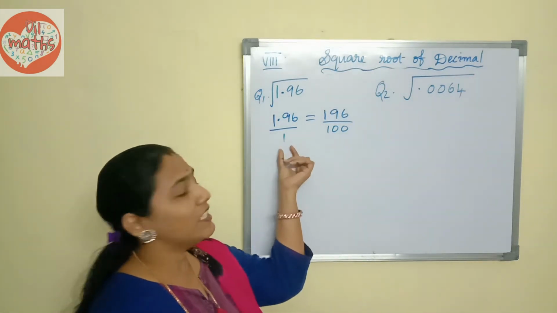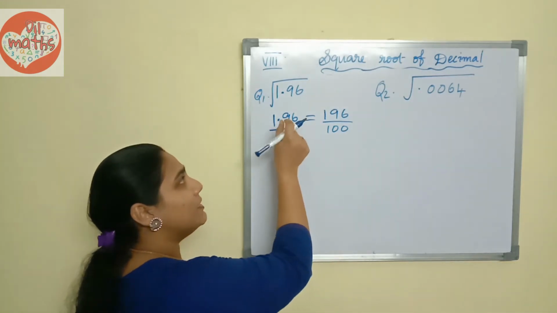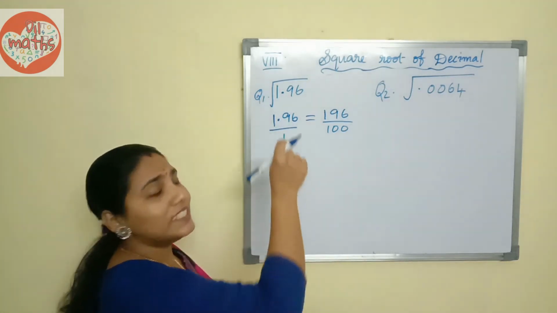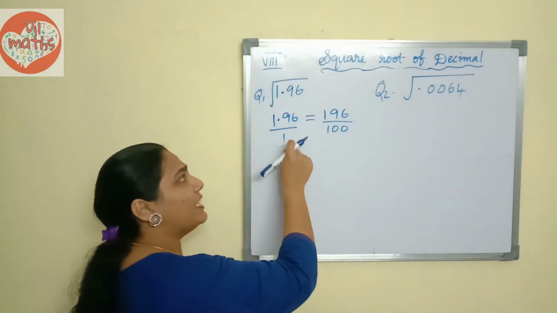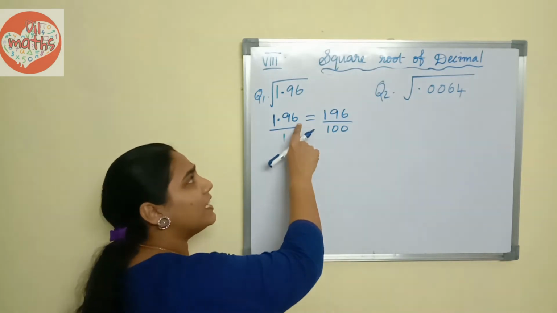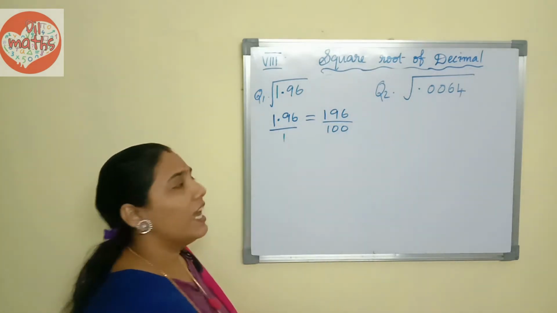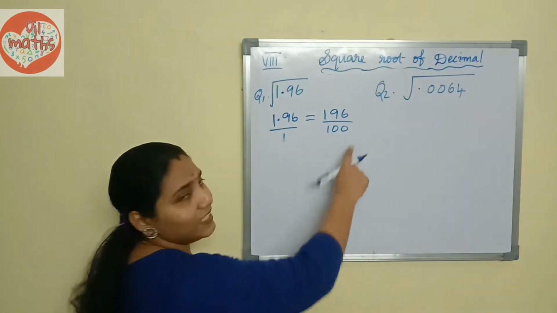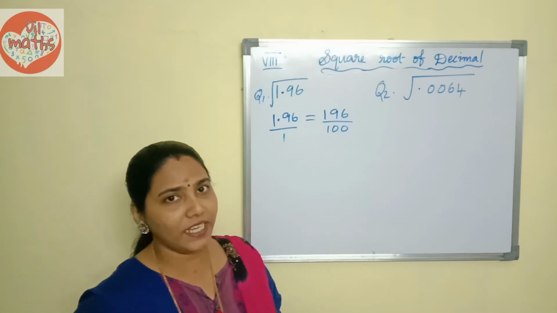To remove this decimal point, we multiply both by 100. So 1.96 into 100 gives 196, and 1 into 100 gives 100. So we got 196 divided by 100.